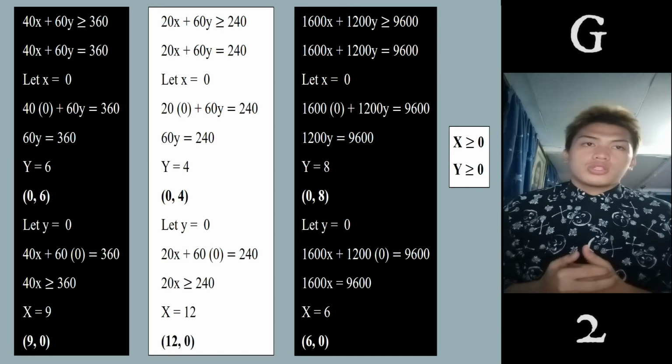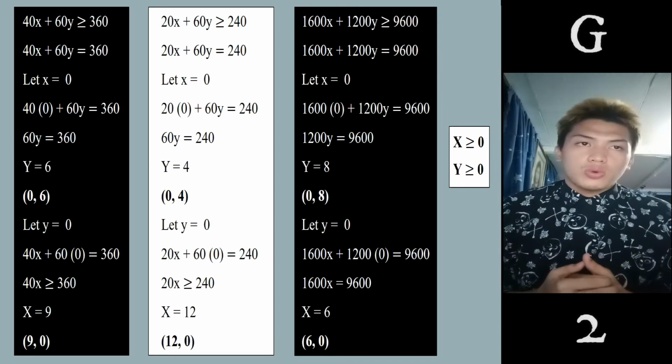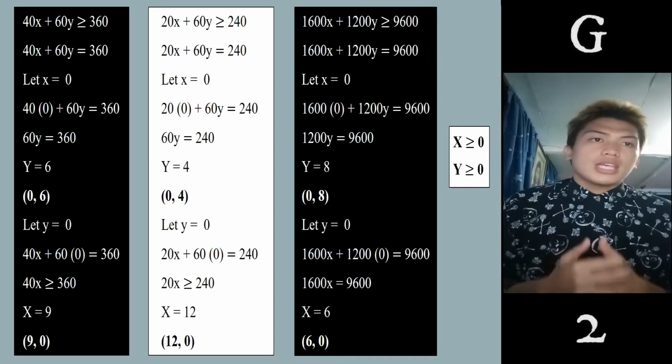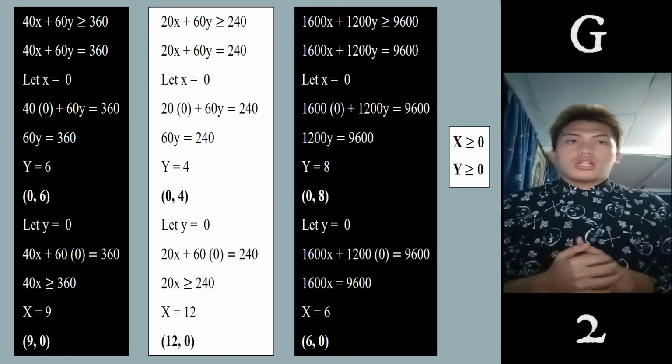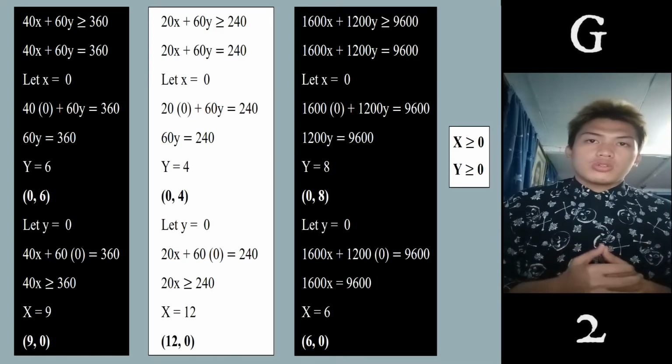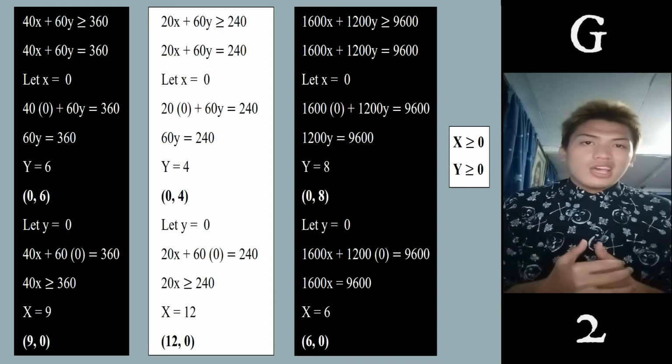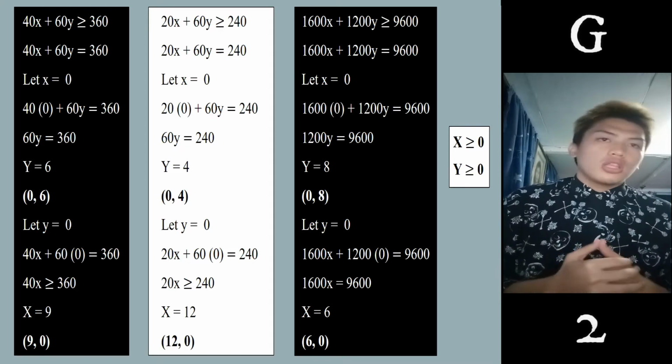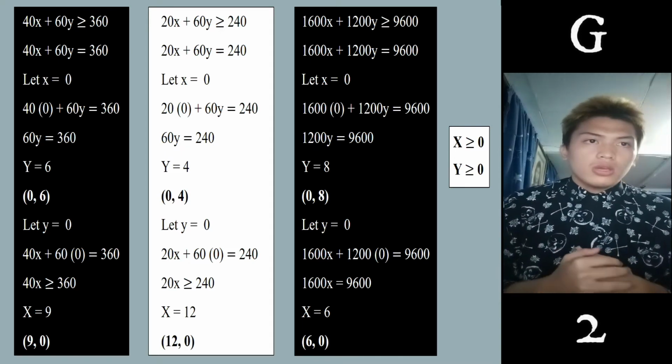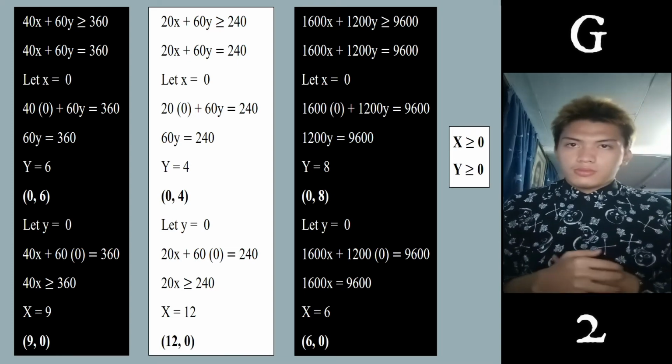We have 1600x plus 1200y is equal to 9600. Let's substitute 0 to x, and with that we'll come up with y is equal to 8, and our first ordered pair will be 0, 8.